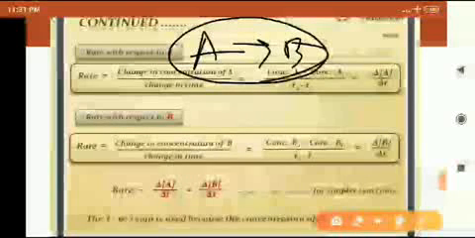Let's take an example. A gives B. As we say, the rate of reaction can be expressed both in terms of the reactant as well as in terms of the product. A here is a reactant. For it, the rate of the reaction with respect to A is the change in concentration by change in time. Let A1 be the concentration at time T1, and A2 be the concentration at time T2.